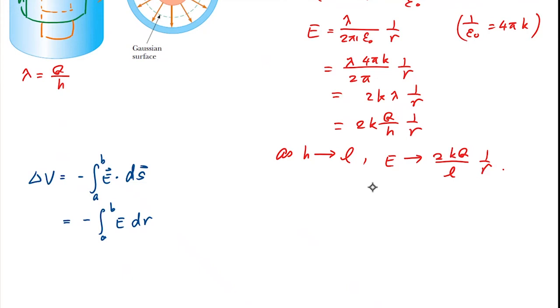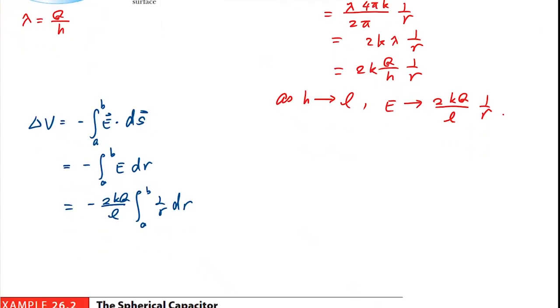Now we plug this in for E. Taking the constant outside, we have 2kq over L, all of it is constant, and then A to B of 1 over R dr. Good? Okay. Then negative 2kq over L. Is this ln?